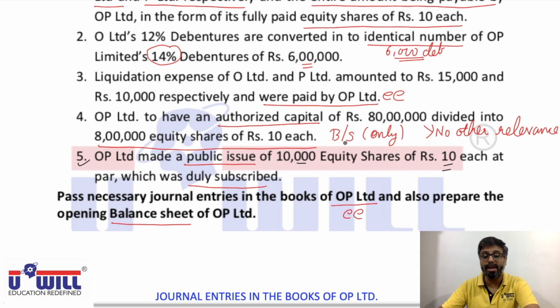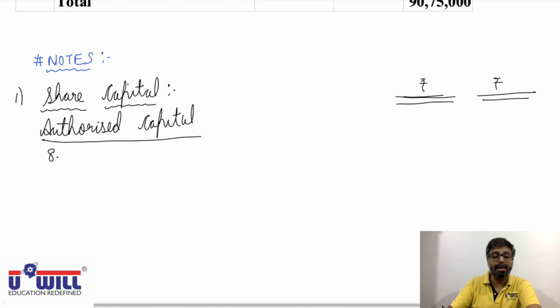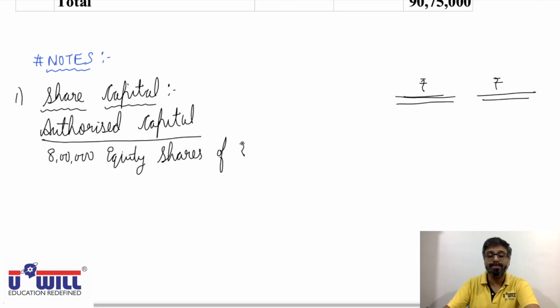And I told you here we have to write it in the balance sheet only, no other relevance. So here we have to write the authorized capital in note 1. 8 lakh equity shares of rupees 10 each, 80 lakhs, and double underline.